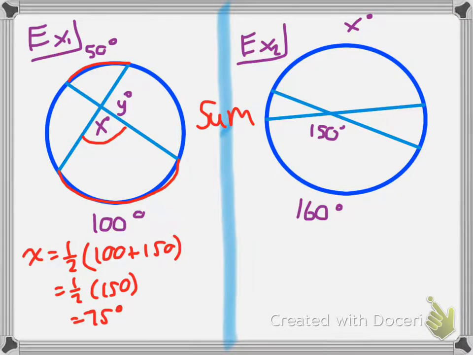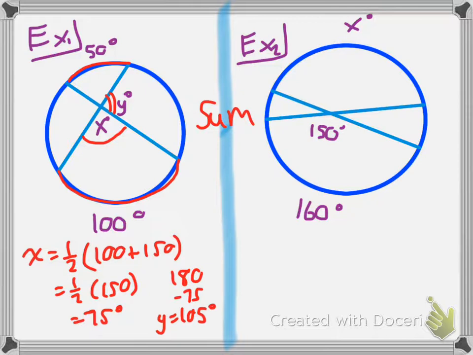Now y is just a linear pair, so you just do 180 minus 75 to get y equals 105. You don't have to do anything with the arcs necessarily. The reason I put this in here is because sometimes it's using old skills. You don't have to always use the arcs. So that's just direct use of the theorem that we just learned.